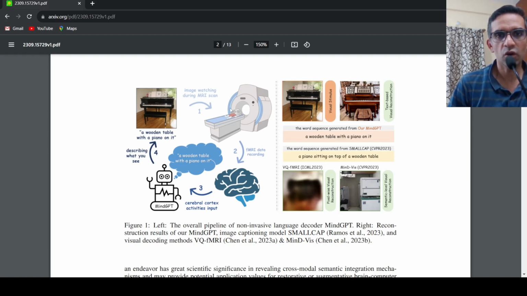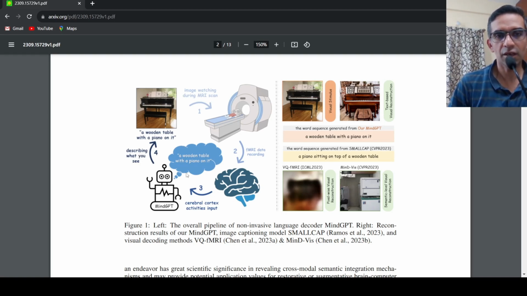So this person is watching this image and the fMRI has been recorded. Now you take certain parts of this fMRI recording which captures activities of a region called the cerebral cortex in your brain, right? So basically you take those signals and then you give it to this AI algorithm. It is able to describe what you are seeing.